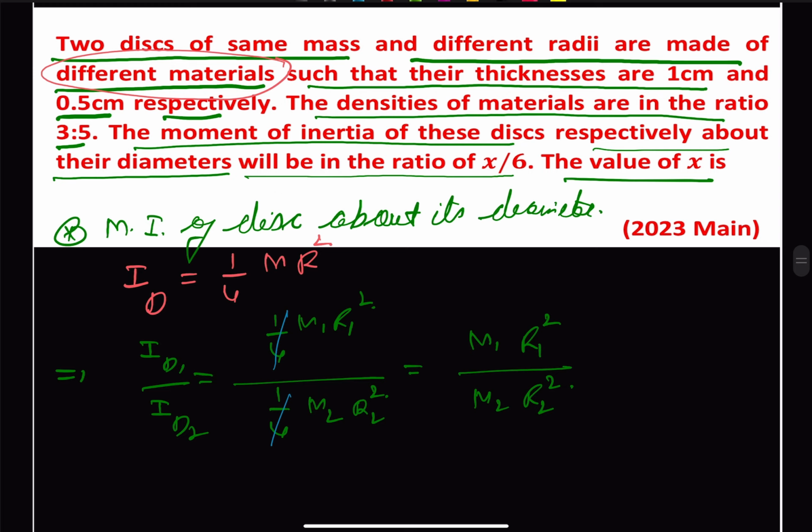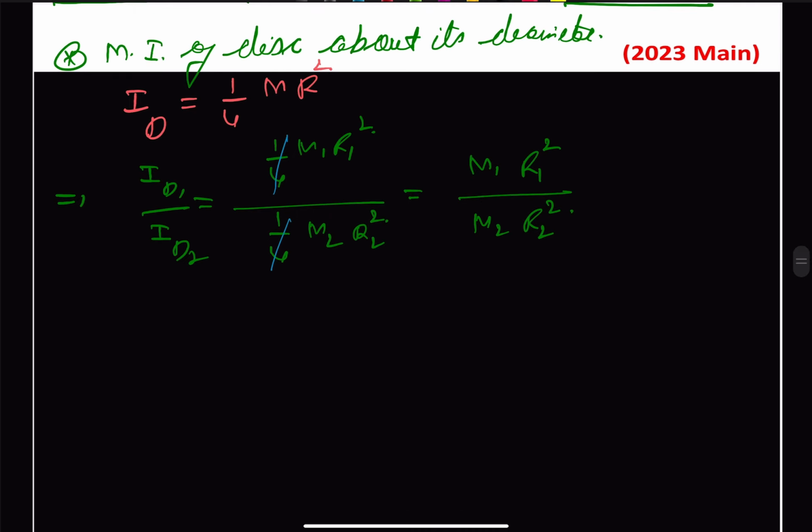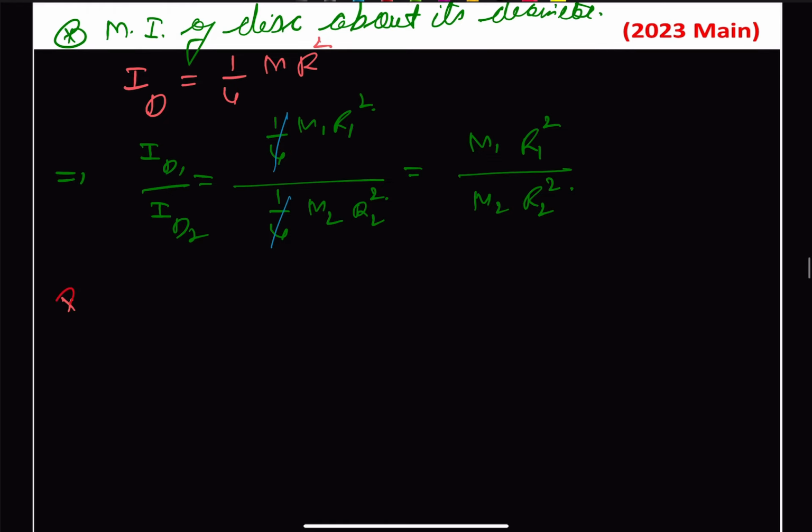And they are having same mass, so our m1 is equal to m2, but their densities are different.